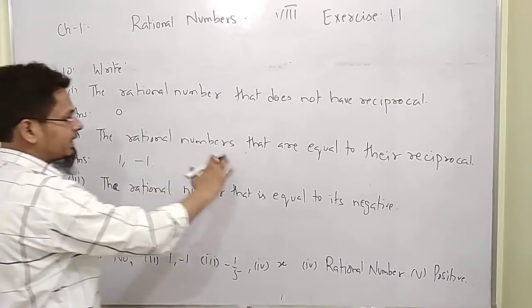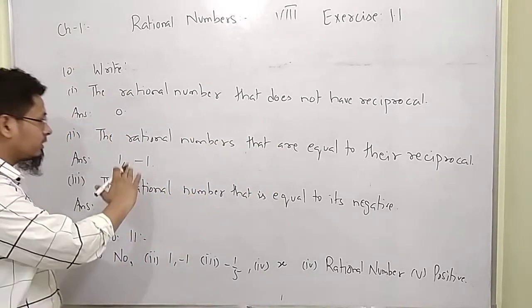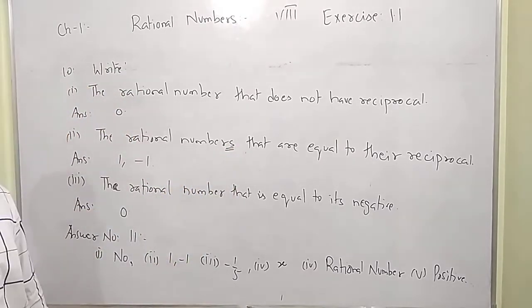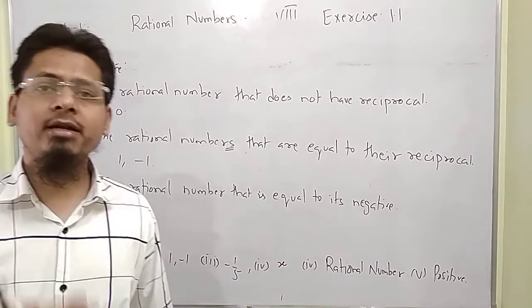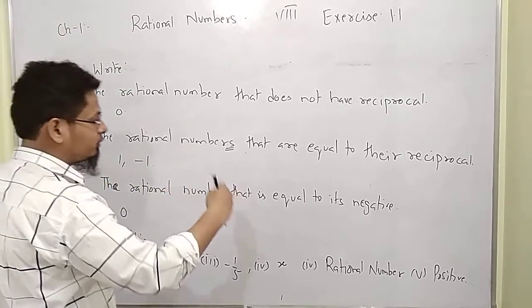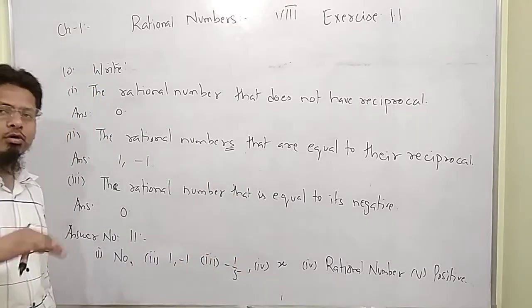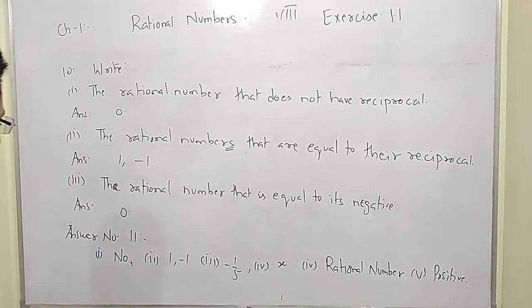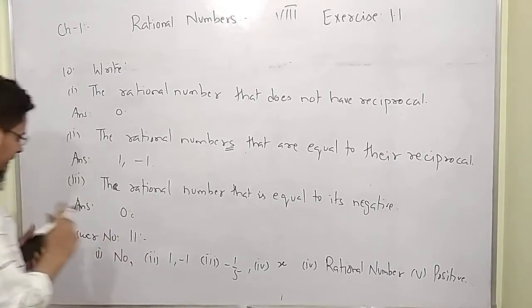The rational numbers that are equal to their reciprocal: the answer is numbers, as it is mentioned there. The answer will be more than one, so the answer is 1 and minus 1. The rational number that is equal to its negative, the answer is 0. If you take minus 0, it has no difference, so the answer will be 0. So class, question number 10 is done.